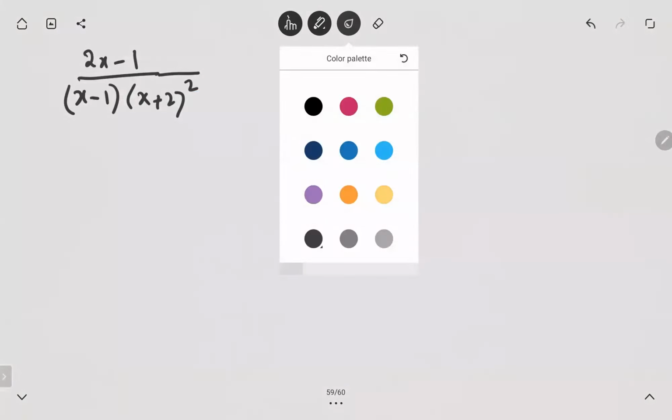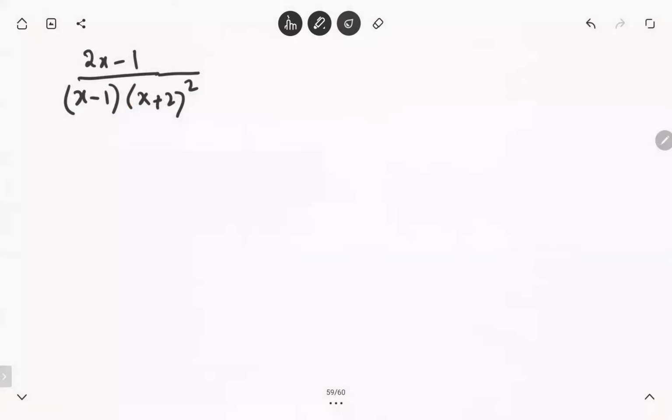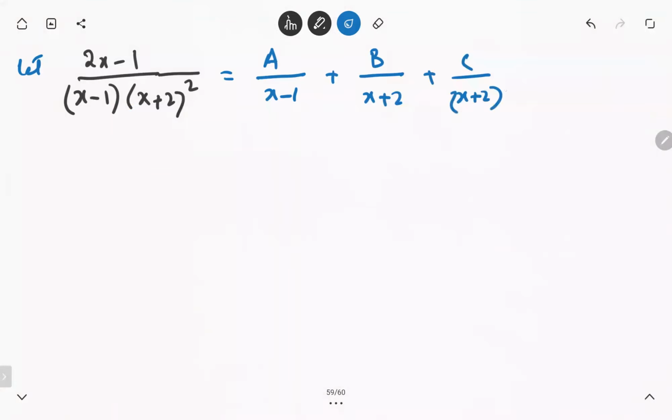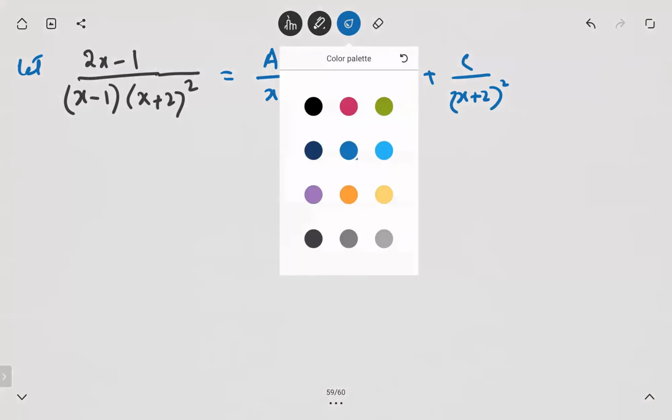So I hope you understand the first step, which is we will let this as a over x minus 1 plus b over x plus 2 plus c over x plus 2 whole square. So second type जब आई तो let करने में थोड़ा सा डिफरेंस आया. आगे क्या डिफरेंस आता है इस क्वेश्चन को ऑब्जर्व करते हैं.